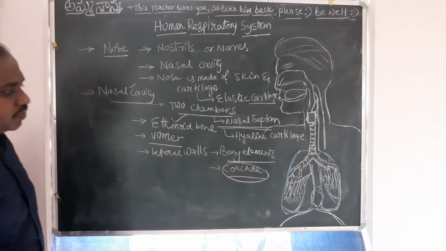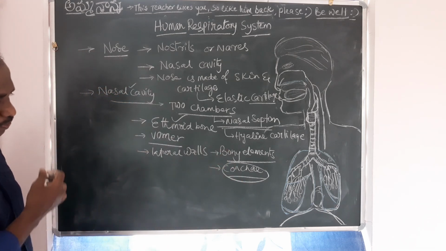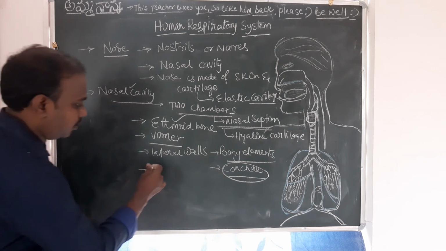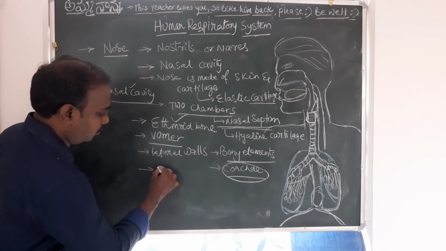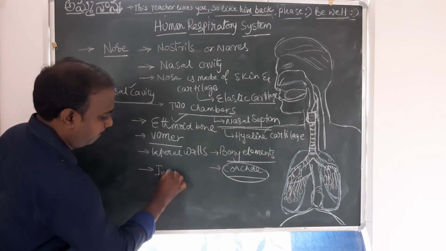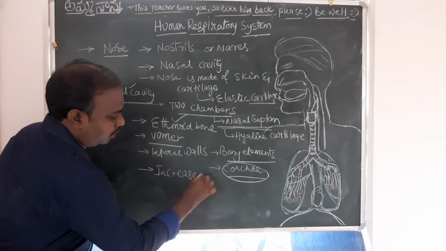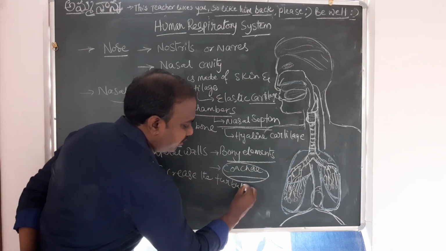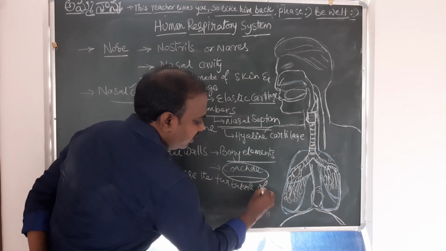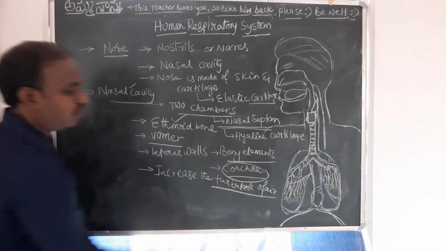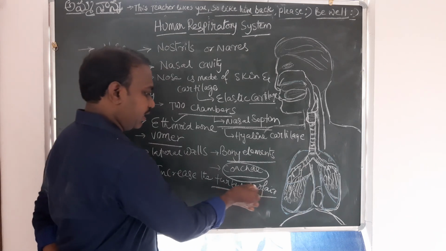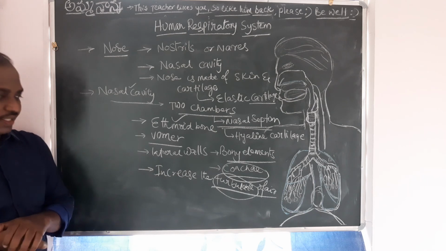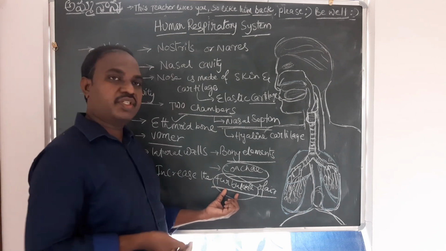These conchae increase the turbulence of air. What are they doing? They are increasing the turbulence of the air. So when the air comes into this nasal cavity, they are increasing the turbulence.